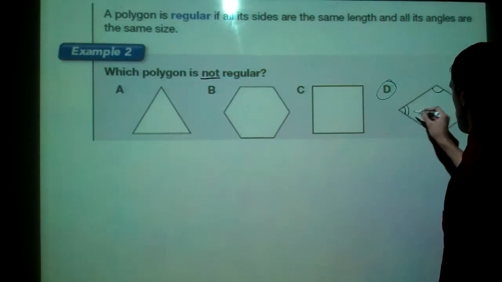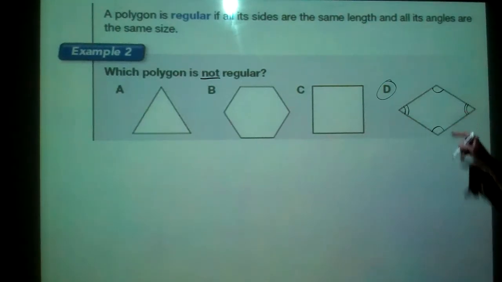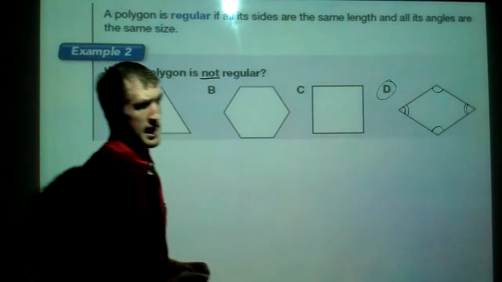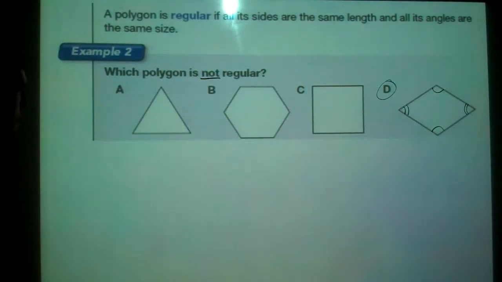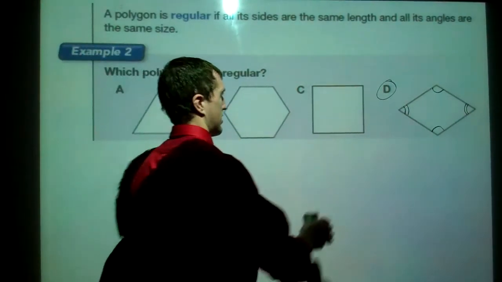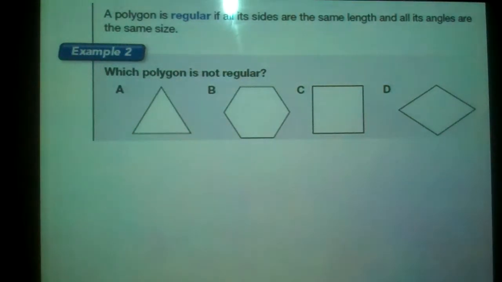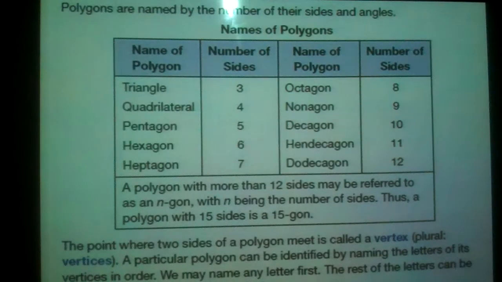But this one and this one, those are acute angles. So remember, the angles have to be the same size too. So D is not a regular polygon for that reason. Just because the sides are the same doesn't mean the angles are always the same. So D, not a regular polygon.